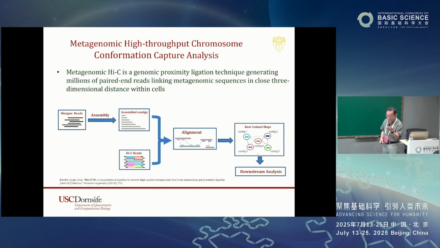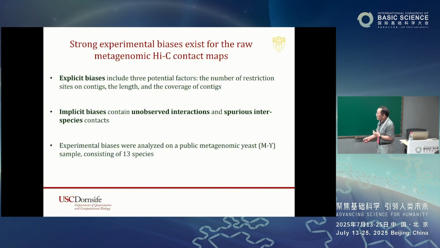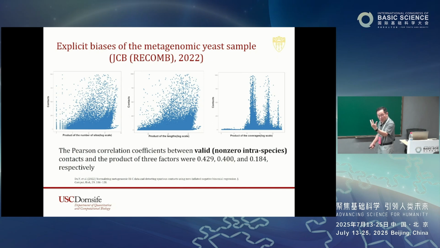And remember, we are dealing with real data, not something conceptual. And so in that sense, all experiments have some biases. And are there some biases for this metagenomic Hi-C data? So now we try to see if there are some biases. To do that, we explore the data.